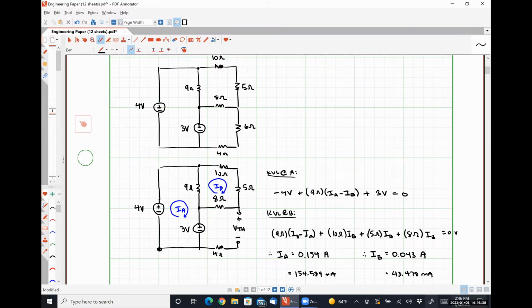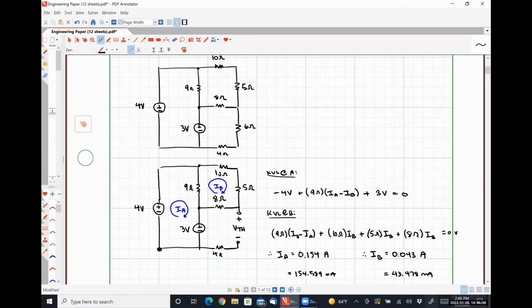I got both of them as positive. That equal sign there might have looked... Okay.